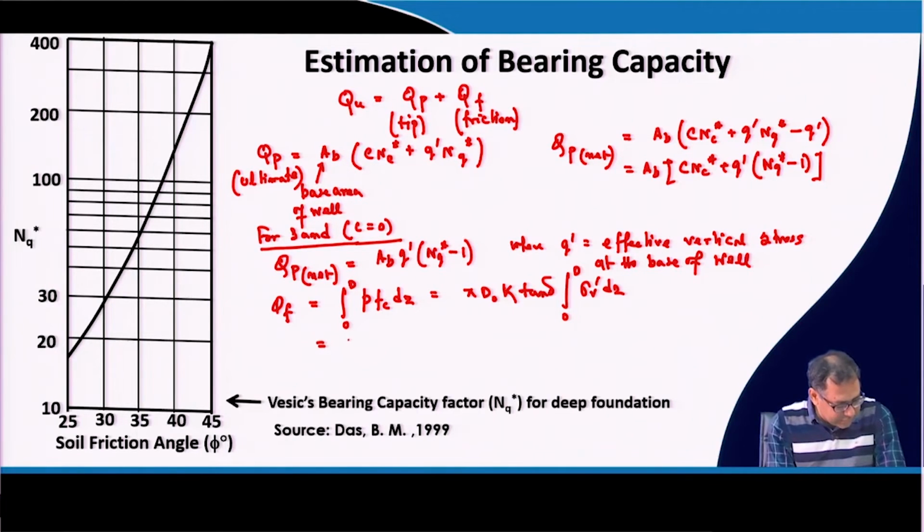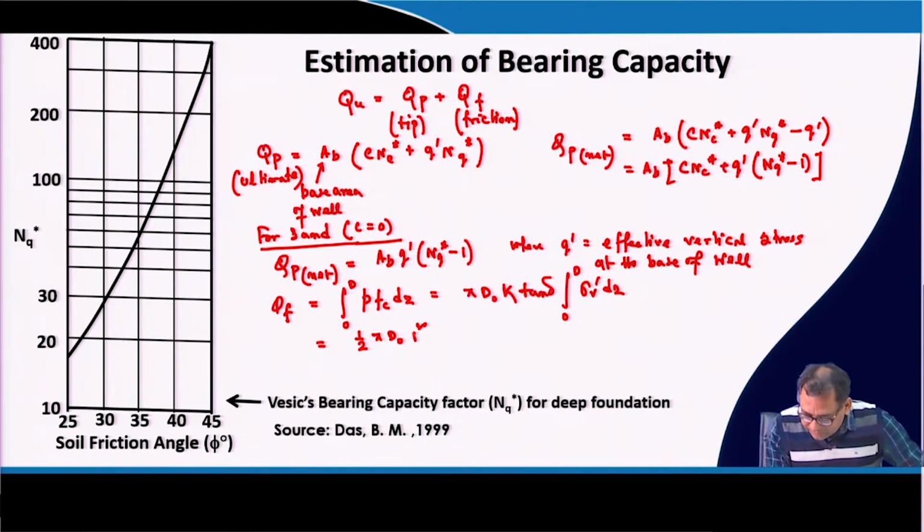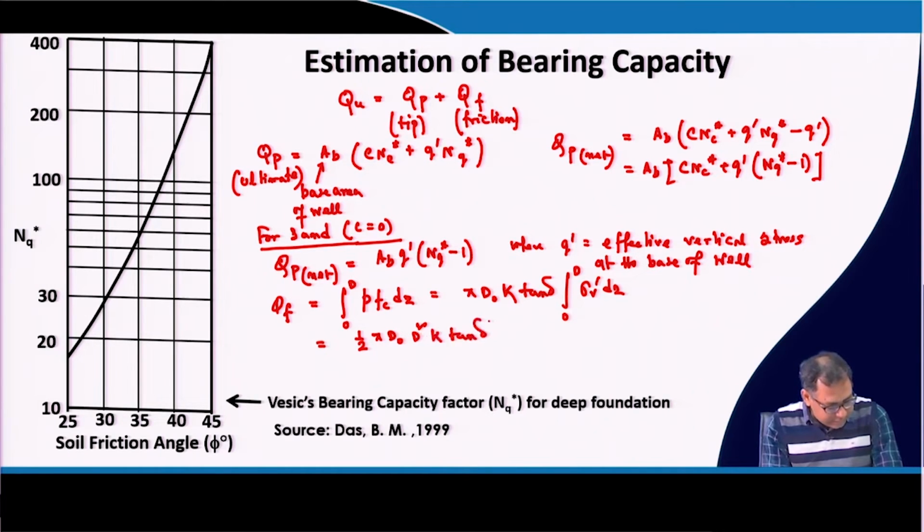So, this is equal to half, then pi d 0, which is the perimeter, into L square, or I should write d square, which is the depth of the well below the scour level, d square into k into tan delta, into gamma.